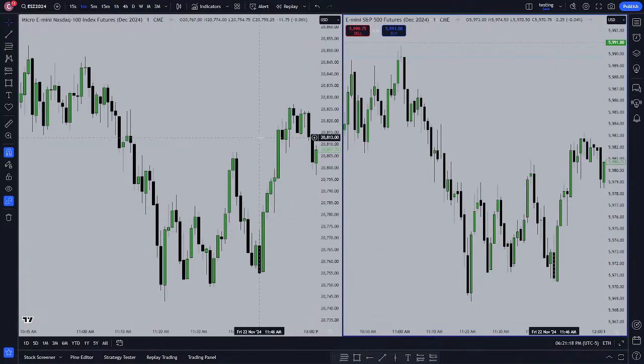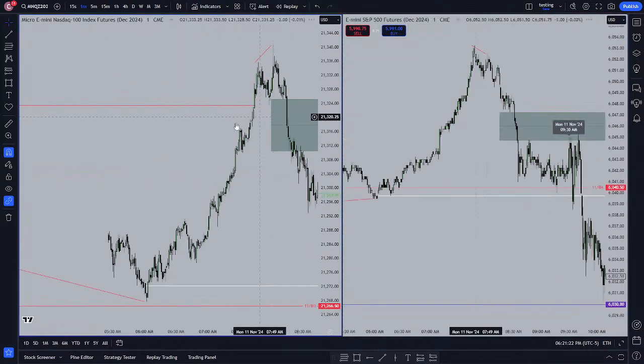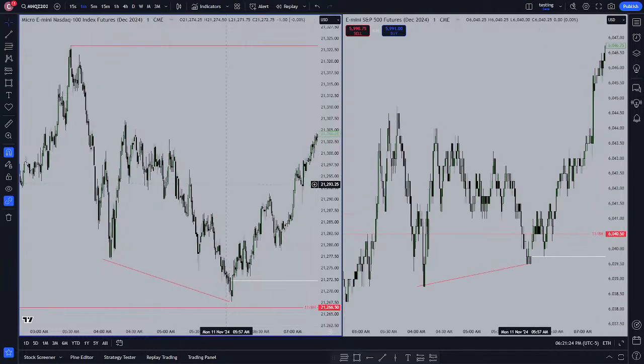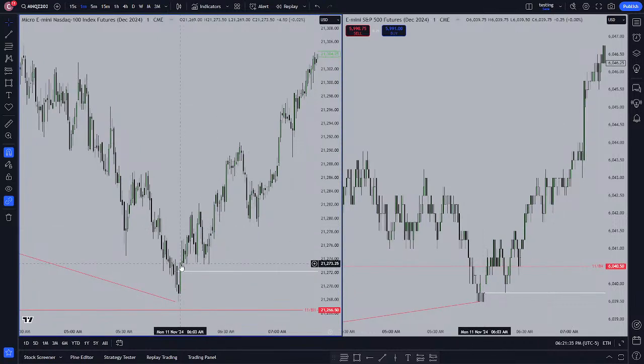So coming on at 7, this is what I see. I see the SMT, big volume imbalance, breakaway gap. That's a buy. This is a buy.